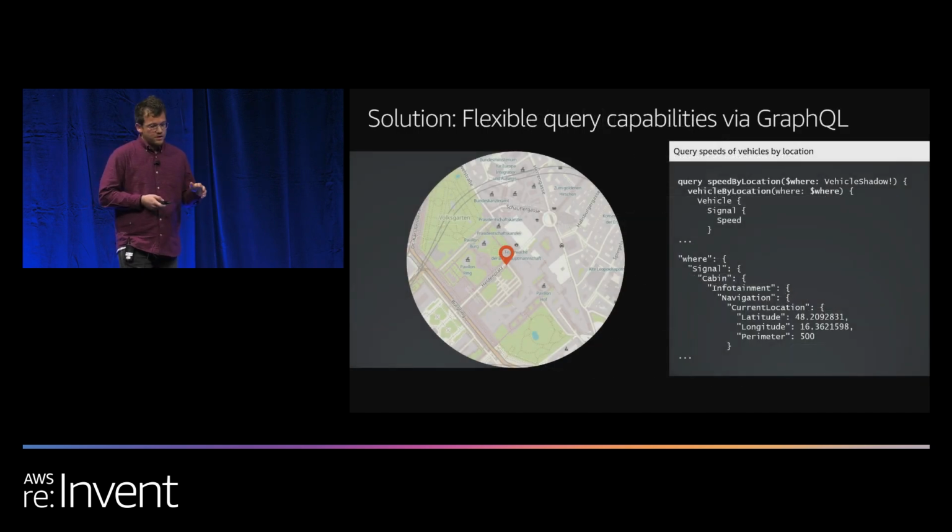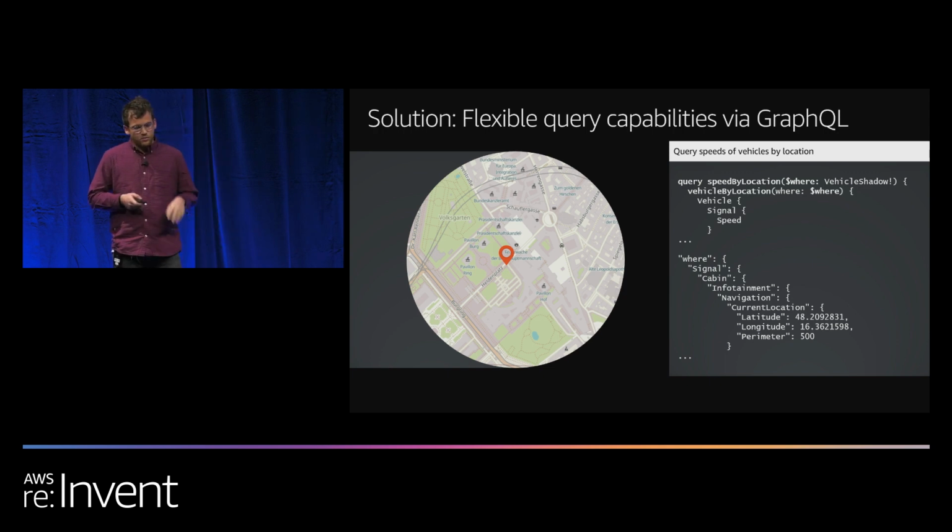So having such a nice abstraction on top of the raw data, which you can query afterwards with GraphQL, gives you a really nice abstraction. And how does a query basically look like on top of GraphQL? So here, for example, we query the speeds of vehicles in a specific location.